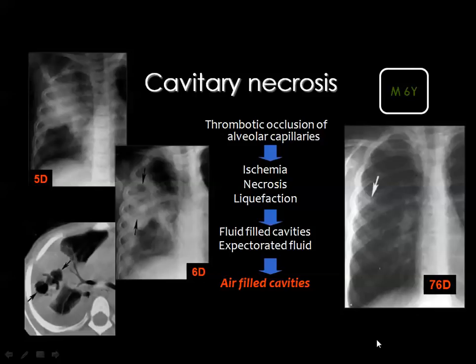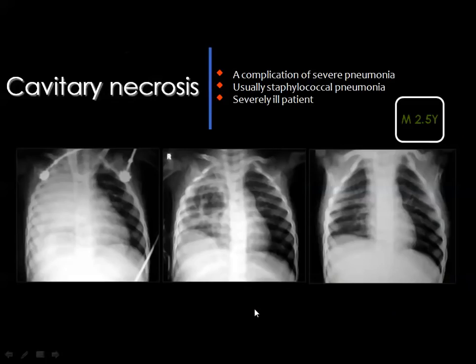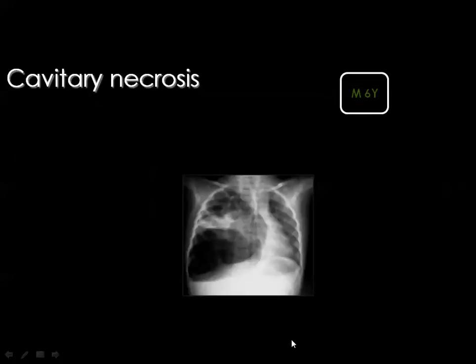Then we do not know why this disease is regressive, since it is necrosis, and this is a peculiar finding for the pediatric patients. Then I will show you some of the cases, and this is an example. A child 2.5 years old with consolidation, and after that he developed cavities, and later on there is complete resolution of the disease.